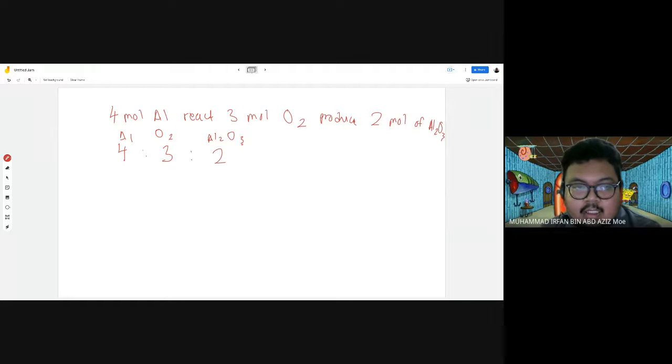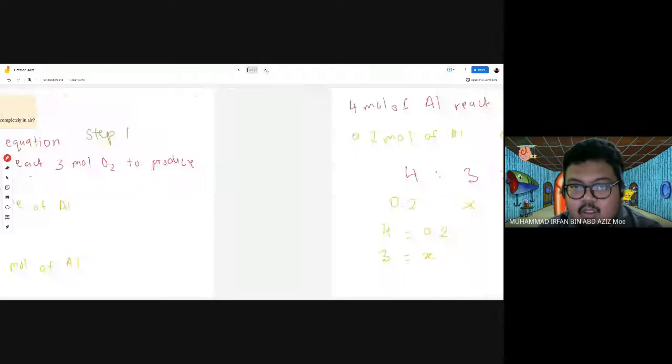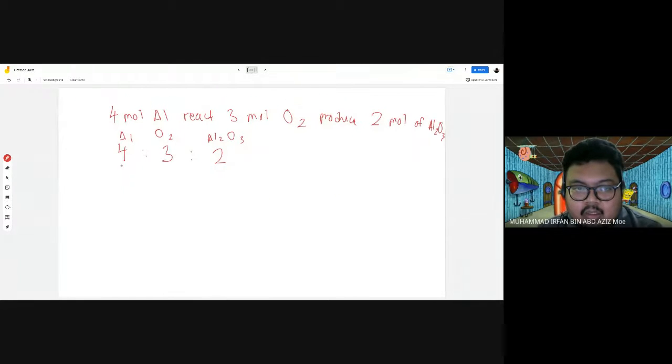Okay, and then tadi for step 2, because the question already given the mass of aluminium, you can calculate lah the number of mole of aluminium dalam experiment tersebut. So you get the number of mole for aluminium tu adalah 0.2 mole.